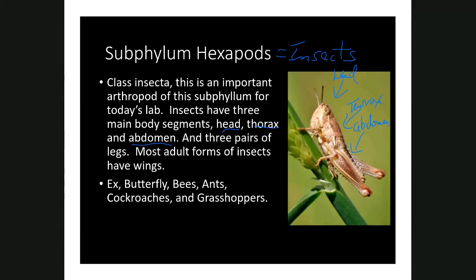And they have 3 pairs of legs. Here's one, here's 2, and 3. Okay? This is part of it here. This is the middle one.